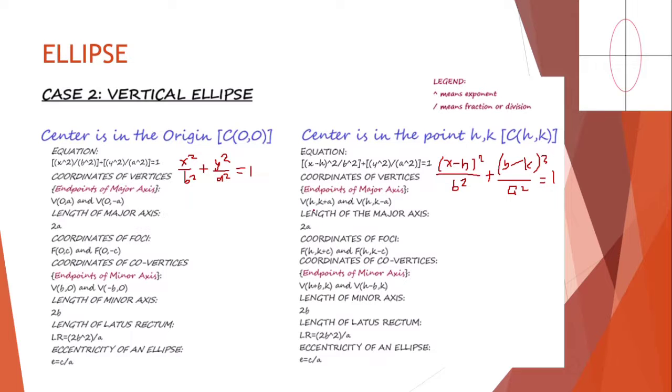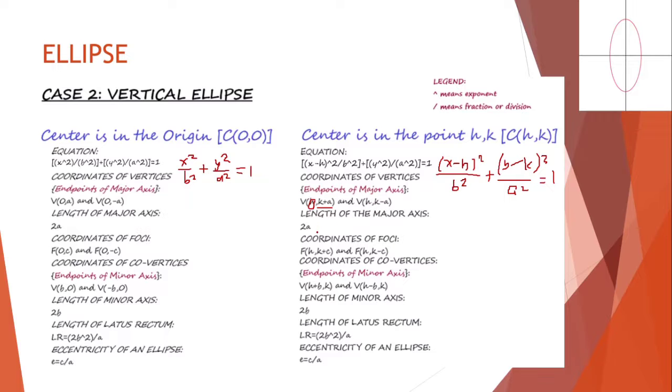So we have the vertex, or the vertices, the endpoints of the major axis: h, k plus a. Earlier, what we added or subtracted a from was the h in the horizontal case. Now, for the vertical, it is this one instead.